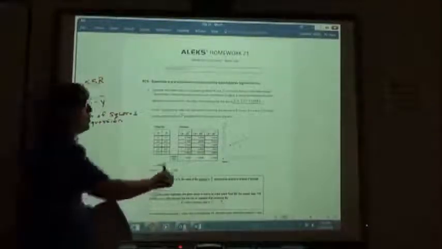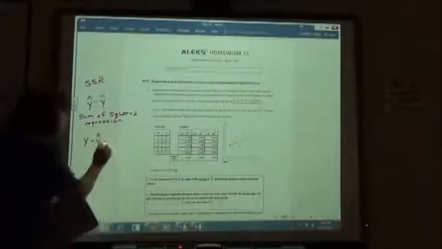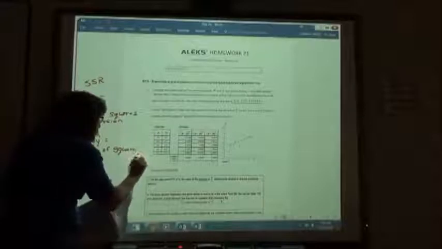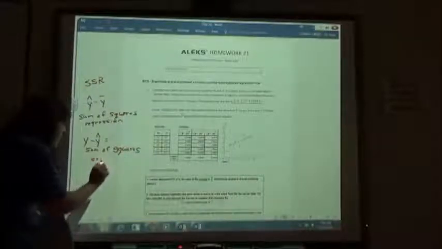The next one, where you just have y minus y hat, is SSE, sum of the squares error. Gives you the error. Sum of squares, you can almost read that S, error.